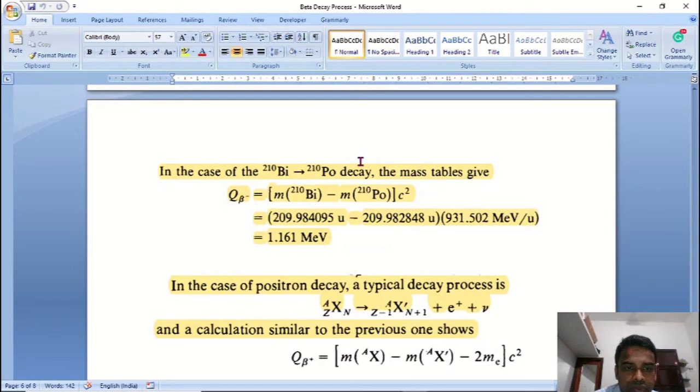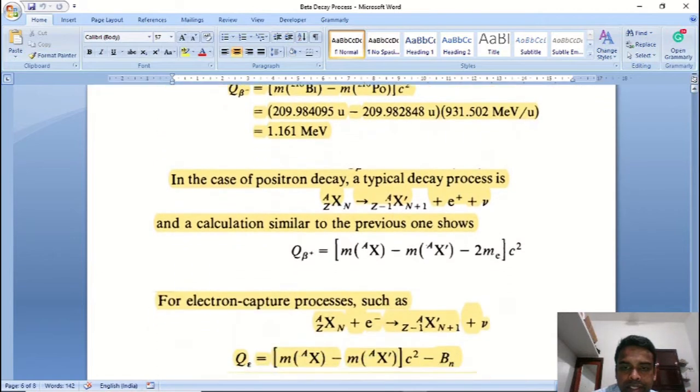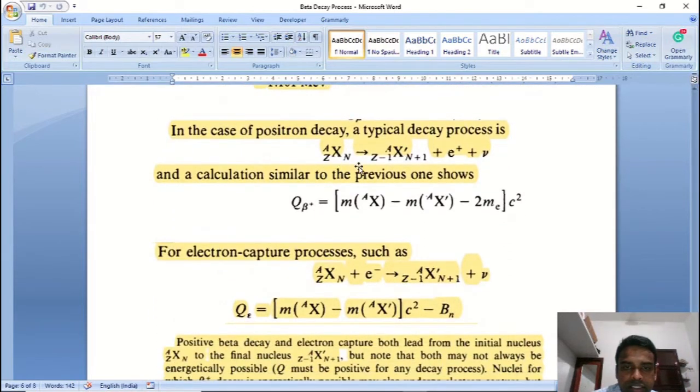In the case of positron decay, the typical decay process we can express as AZXN to... what happens here is that a proton is converted to a neutron. Proton number changes by 1, decreases by 1, and the neutron number increases by 1.